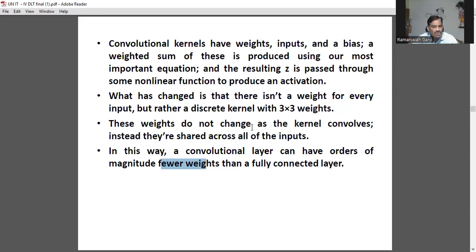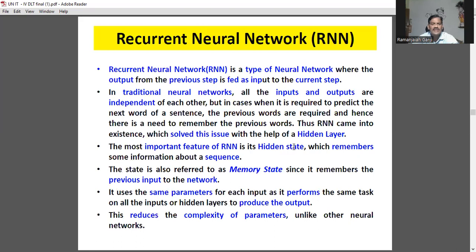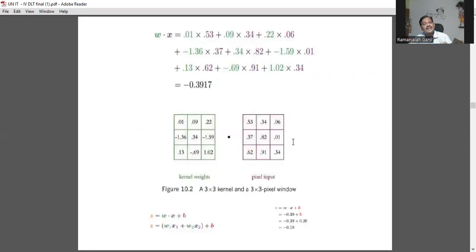The weights do not change as the kernel convolves. Instead, they are shared across all of the inputs. They are going to share across all of the input data elements. See how we are going to create W into X. Here 0.1 is a kernel weight and the pixel input is 0.53.